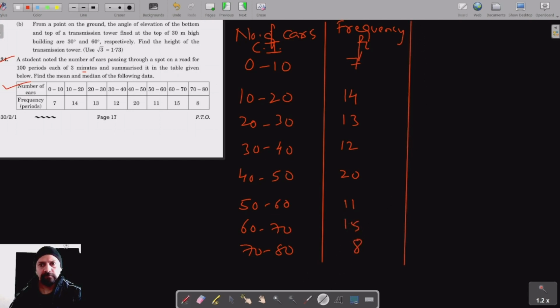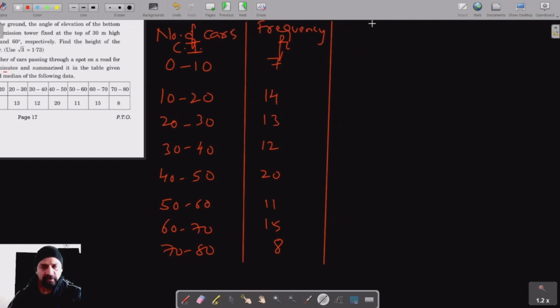Now let's find out the class marks, which are denoted by xi. We know how to find the class marks: upper limit plus lower limit divided by 2.